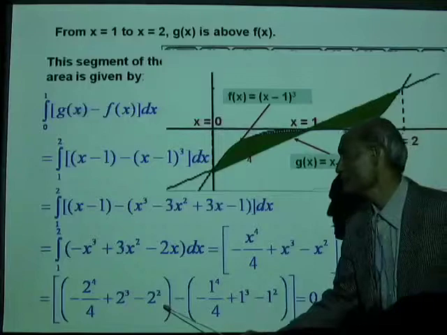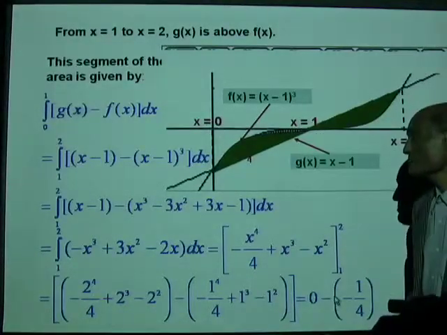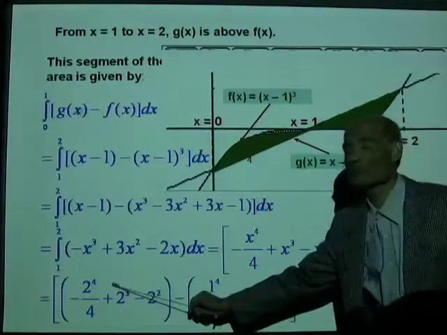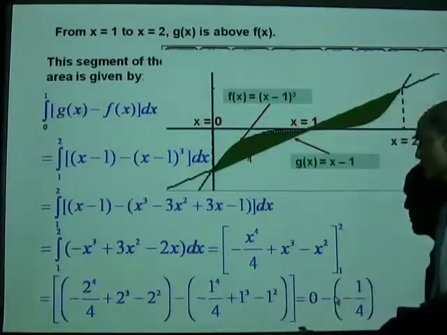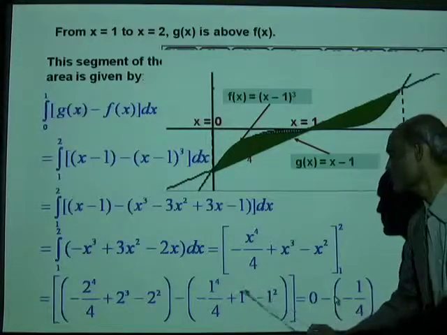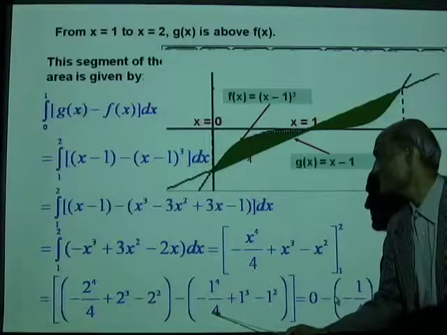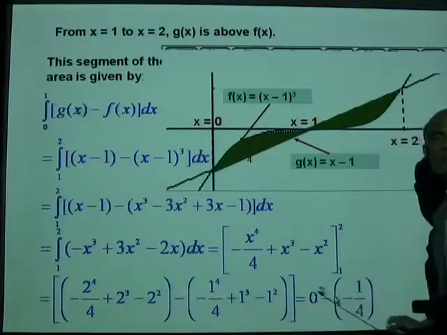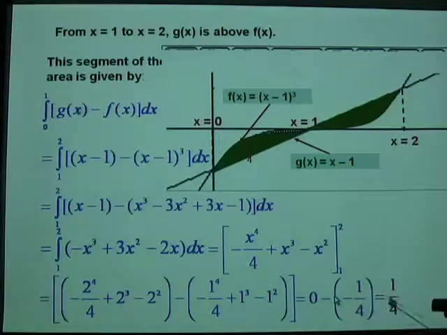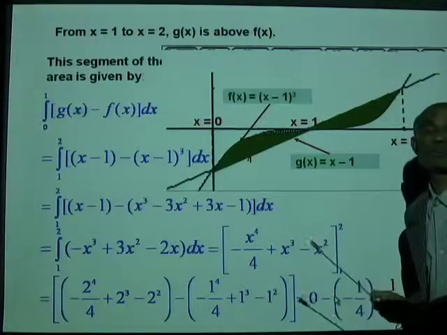And that will be, if you notice, does that become 0? Try that on your own and see if you get that as 0. Minus, this will be, if you notice, 1 cubed minus 1 squared is 0. So this is negative 1/4 with that negative sign will become 1/4. So this area is also 1/4.